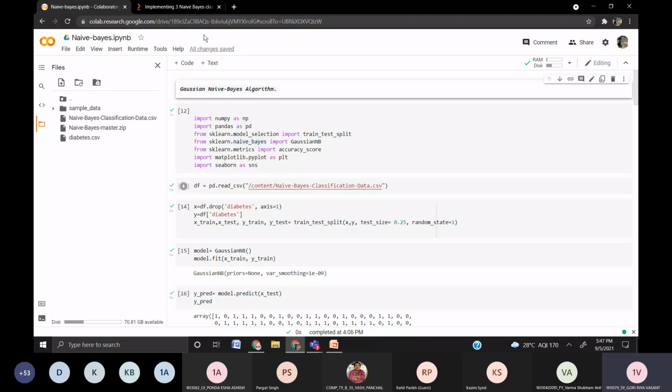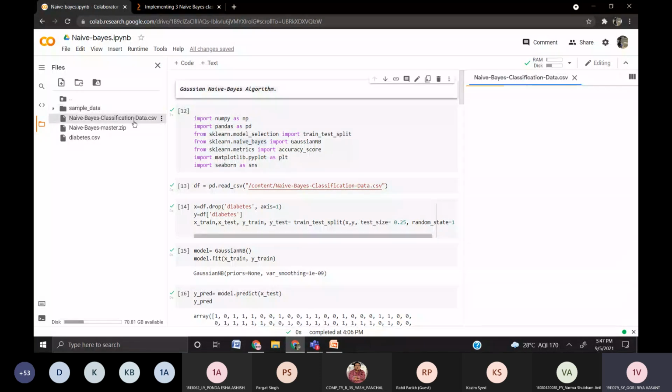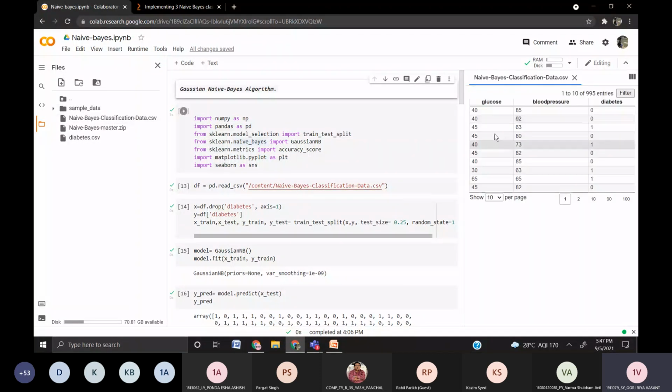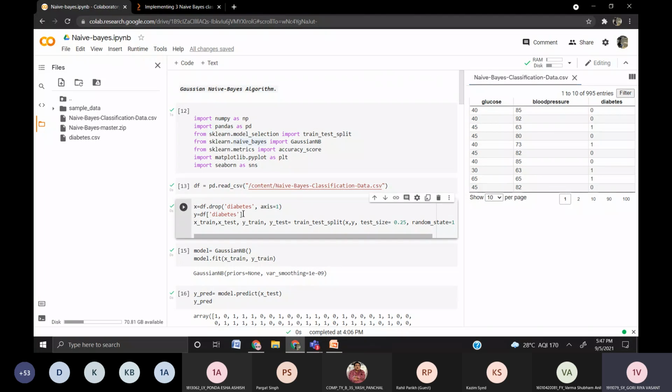We have read this data set, which is a diabetes data set, and we are going to predict if a person has diabetes or not. This is the glucose, this is the blood pressure, and we can predict if a person has diabetes. So we can see this data set. We drop the diabetes column, that is the dependent variable, so that will be y.